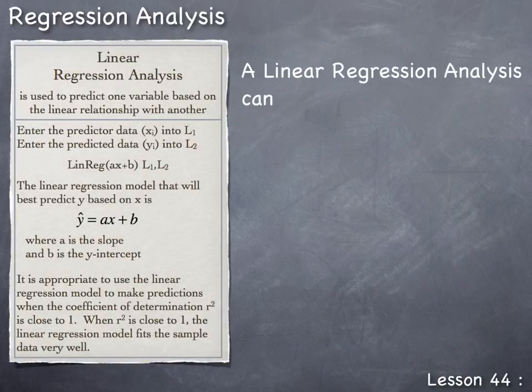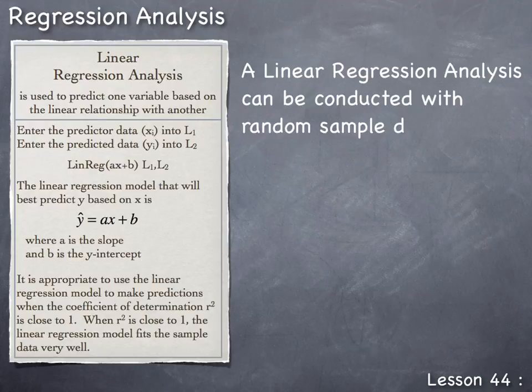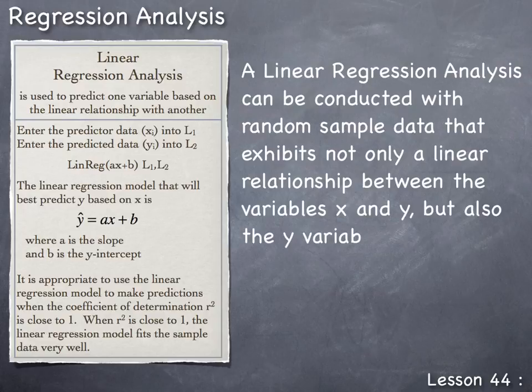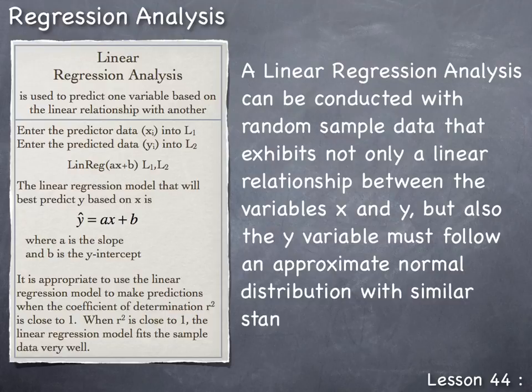A linear regression analysis can be conducted with random sample data that exhibits not only a linear relationship between the variables x and y, but also the y variable must follow an approximate normal distribution with similar standard deviations for each value of x.